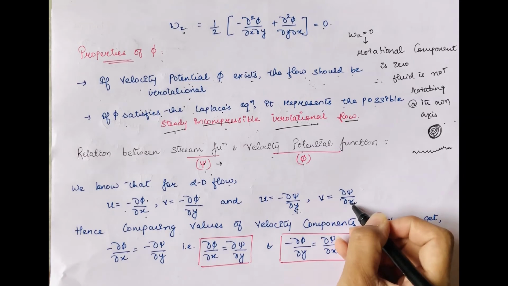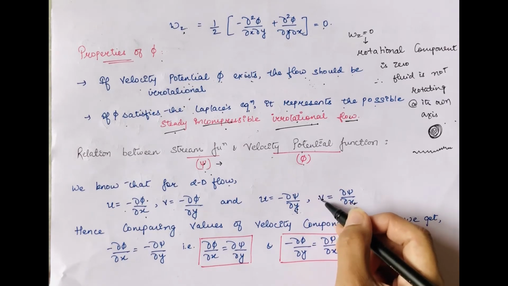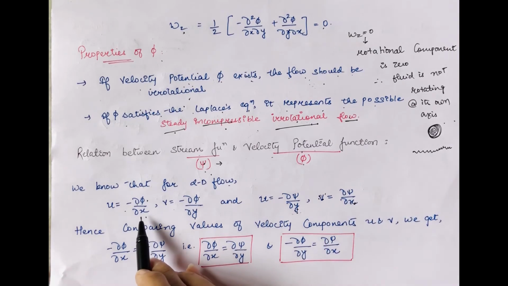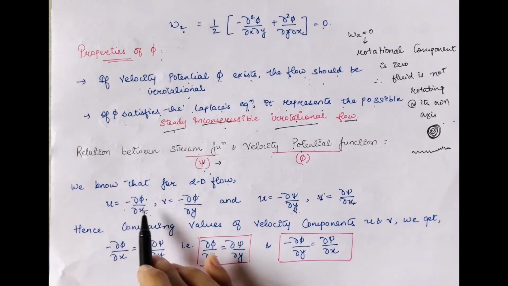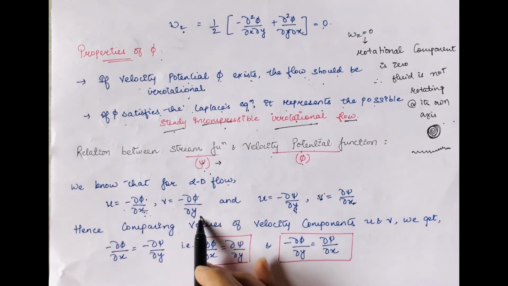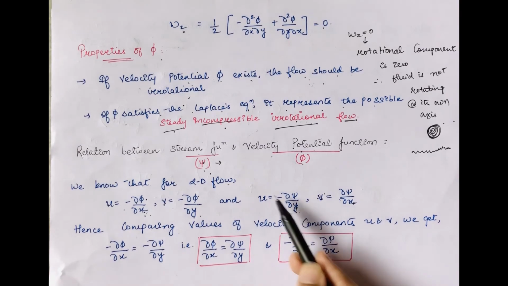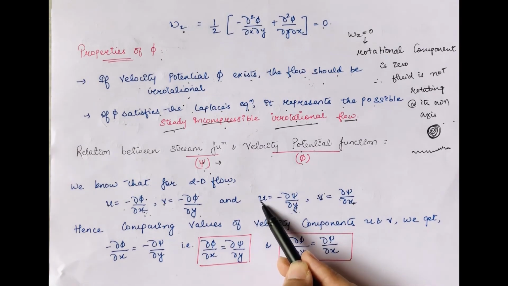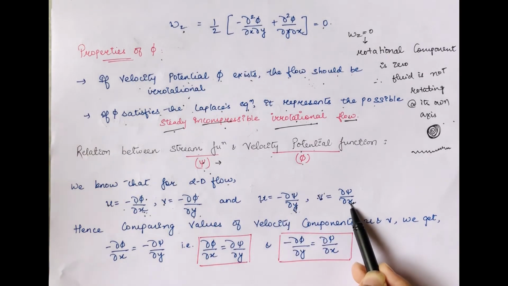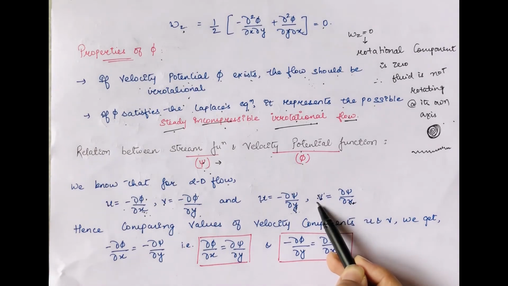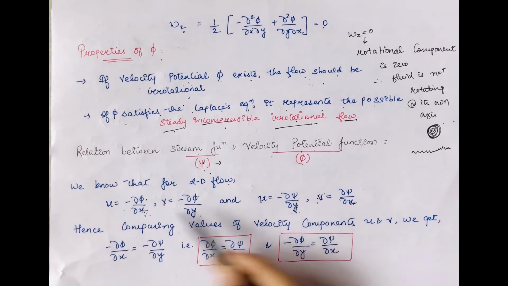So if x is taken, then the velocity component must be of the y direction, which is v. While in case of potential function, the velocity component in the same direction is taken, that is, for x direction u is taken, for y direction v is taken. While for stream function, for y direction v is not taken, u is taken, and for x direction u is not taken, v is taken. So this must be kept clear.